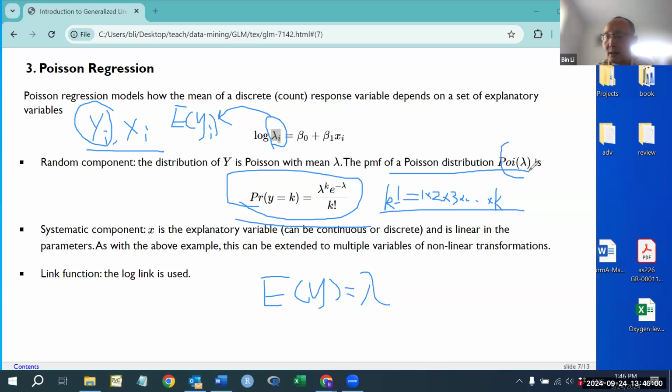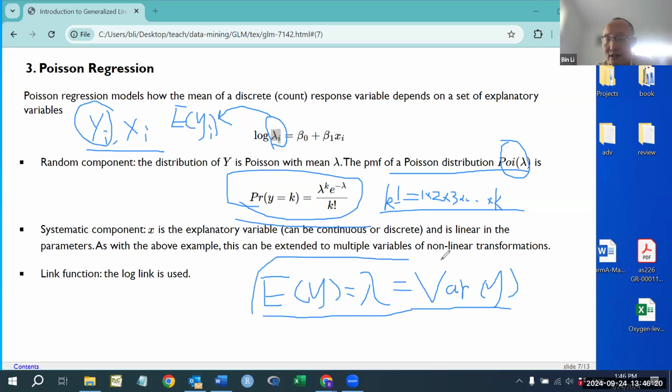And the variance of y is also equal to lambda.